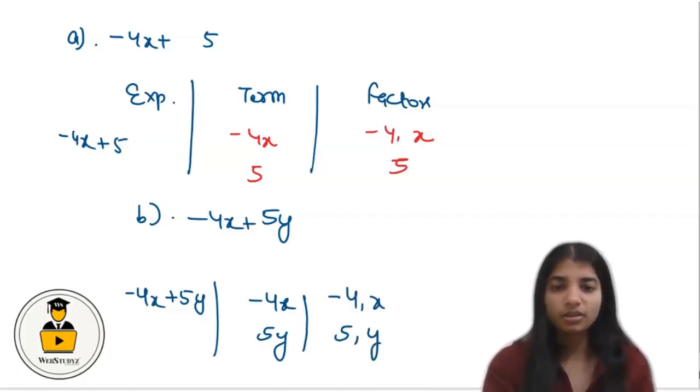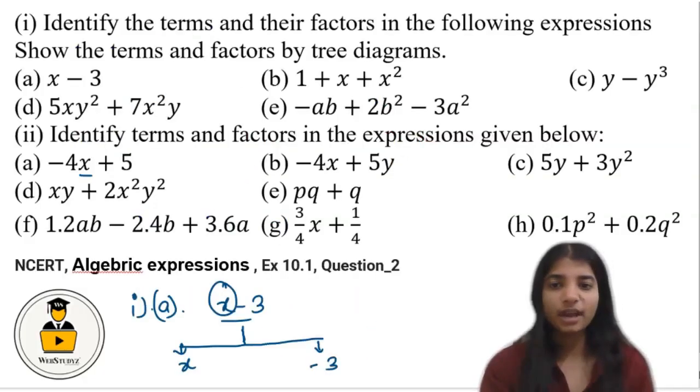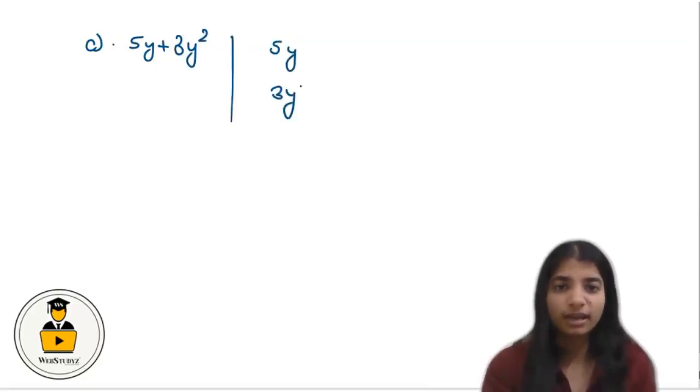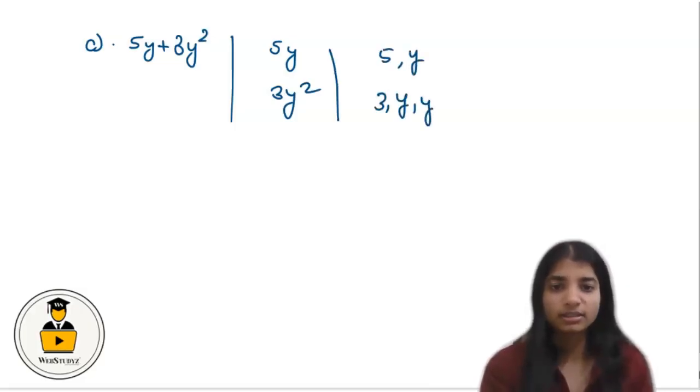So this is the answer to part B. Now part C is 5y plus 3 of y square. Our expression is 5y plus 3 of y raised to the power 2. The terms are 5y and 3 of y raised to the power 2, and the factors are 5 comma y, and 3 comma y comma y. So this is the answer to part C.